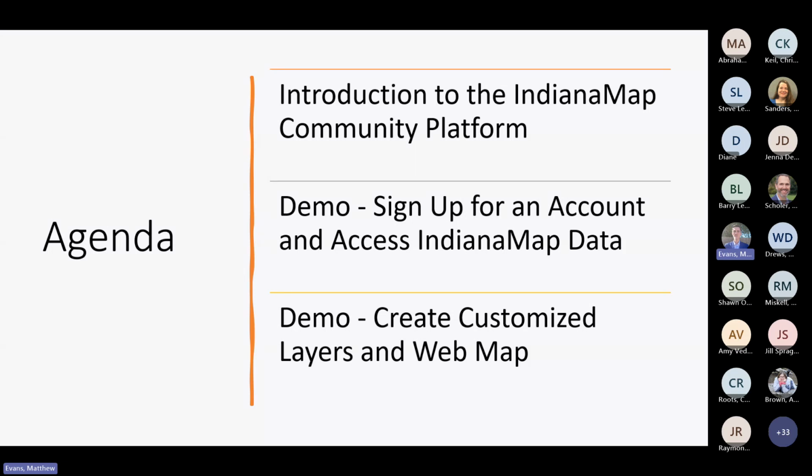Then the rest of the webinar will be a more interactive demo portion where I'll walk everybody through signing up for an account, accessing IndianaMap data in the ArcGIS Online environment that the community organization is within. And then we will spend some time creating a custom web map and working with some data hosted on IndianaMap, and then showing what you can do with that capability as well.